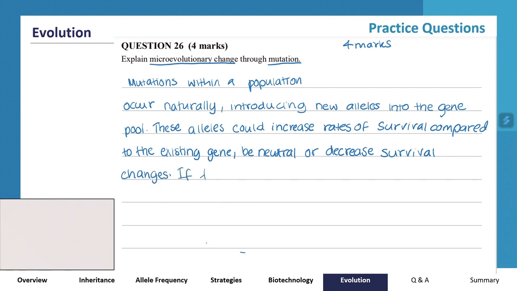If there is a selection pressure that a new allele can work to improve.